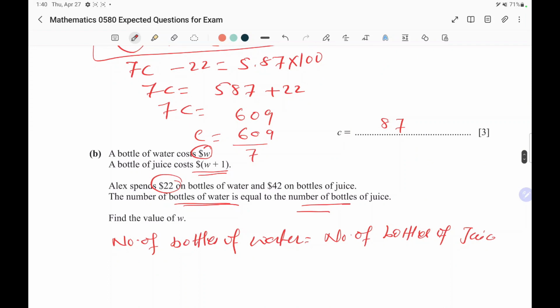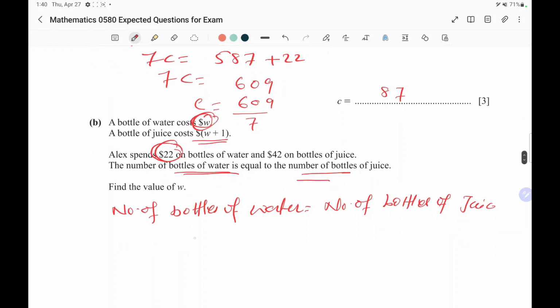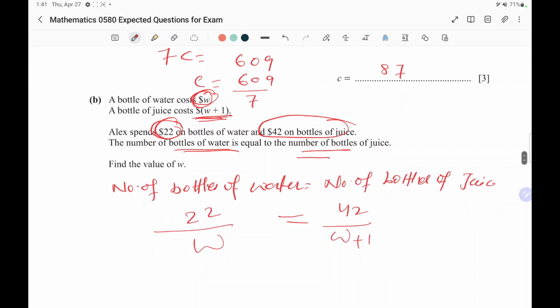So $22 is spent on bottles of water, and one water bottle costs $W. So that should be 22 over W. And here the total dollars spent on bottles of juice is $42, and one bottle of juice costs W plus 1, so it should be 42 over W plus 1, right?